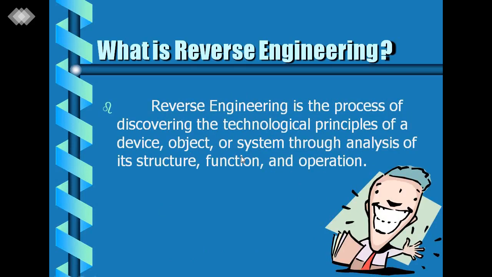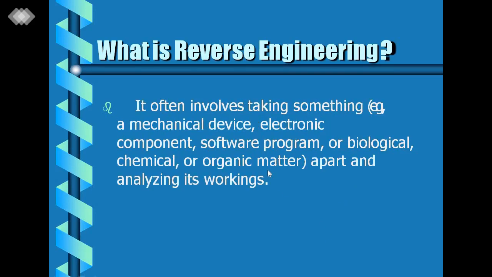Then we covered what reverse engineering is. It is the process of discovering the technological principles of a device, object or system through analysis of its structure, functions and operations. Next we covered what reverse engineering involves, like mechanical devices, electronic components, software programs, and biological, chemical or organic matter, as part of analyzing its working.